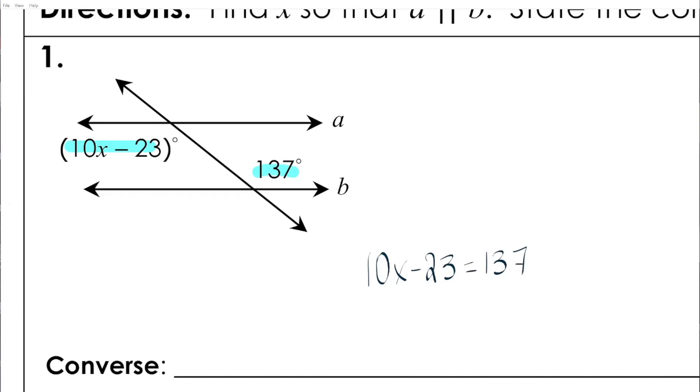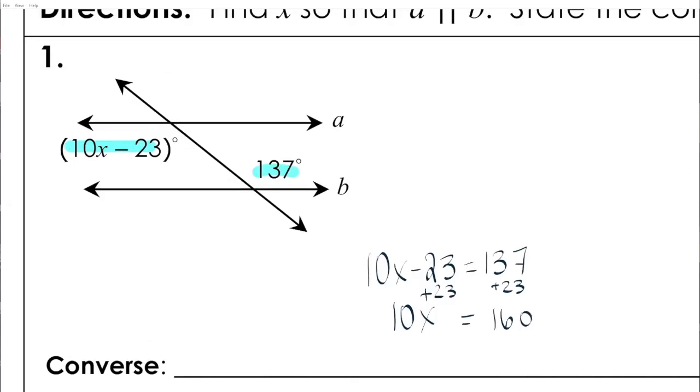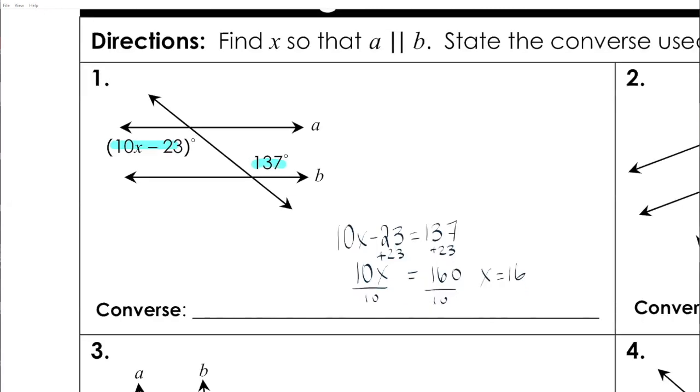We're just going to assume that what they want to happen is going to happen and make it work. So we add 23 to both sides. 23 and 137 is 160. Let's write that in there for the audience at home to see. Is 160. And then divide by 10. So x is 16. And remember, to use that, we did alternate interior angles.